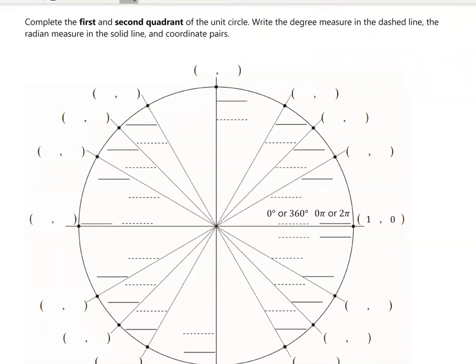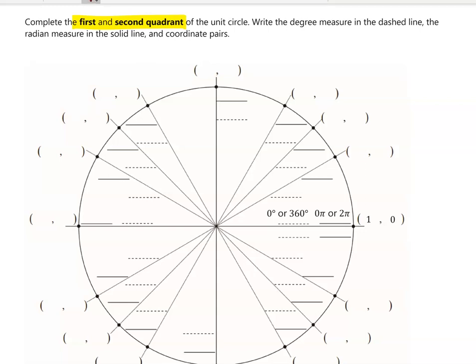And the last one, complete the first and the second quadrant of this unit circle. Write the degree measure and in the dashed line, the radian measure in the solid line, and the coordinate pairs. So let's start with 0. This is also 2 pi, which is equal to 360 degrees. The coordinates 1, 0.